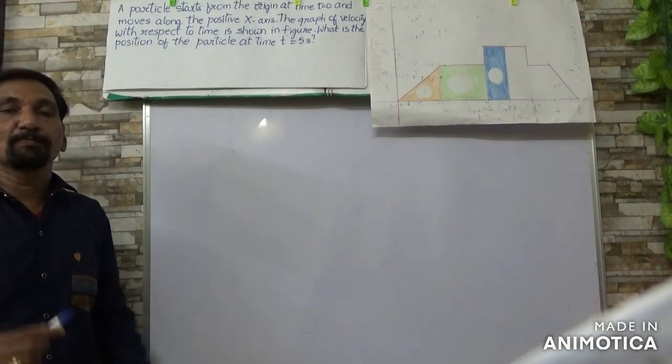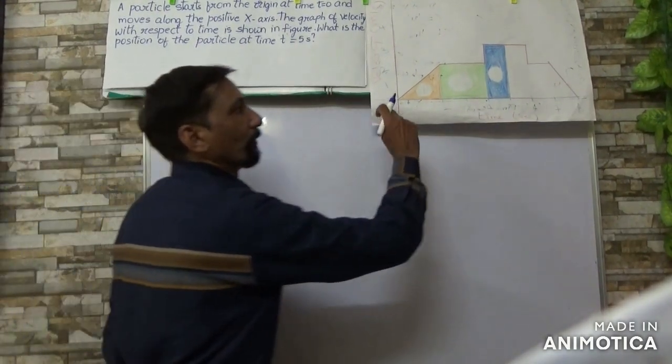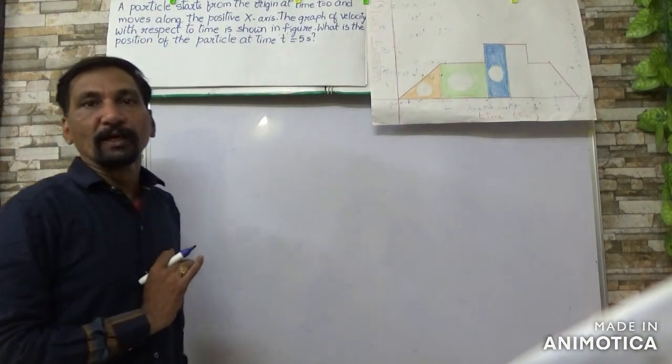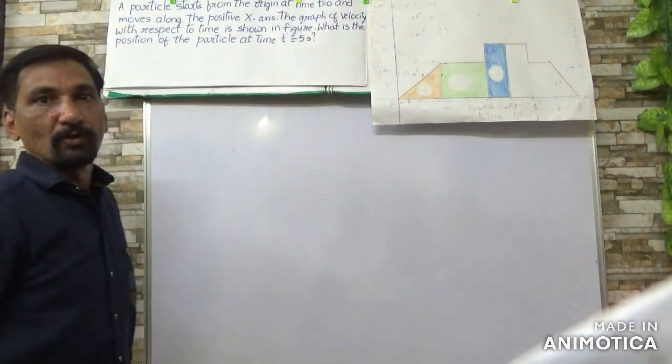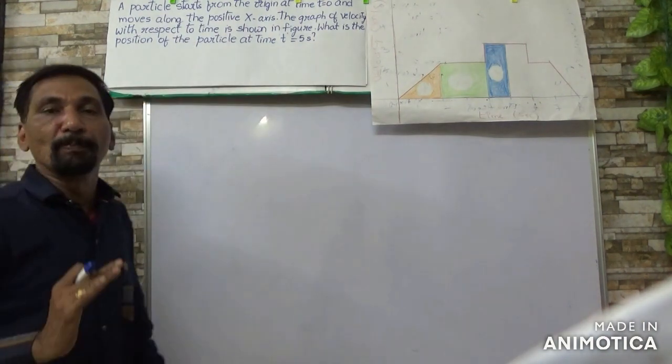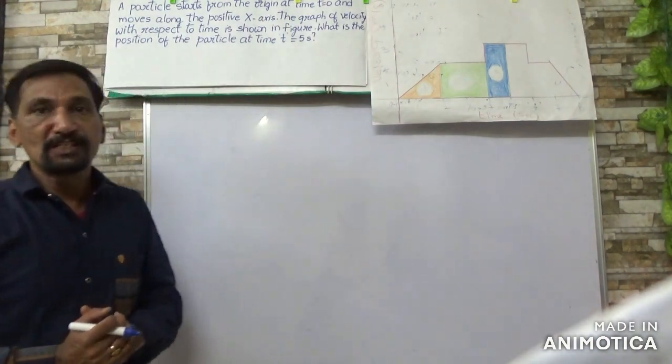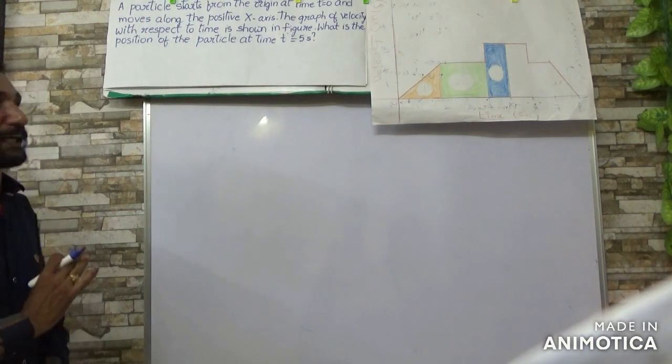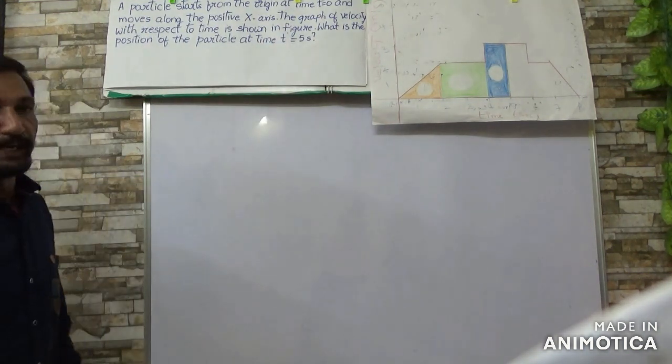A graph is plotted taking time along the x-axis and velocity along the y-axis. You want to find the position of the particle, nothing but the displacement, after 5 seconds.